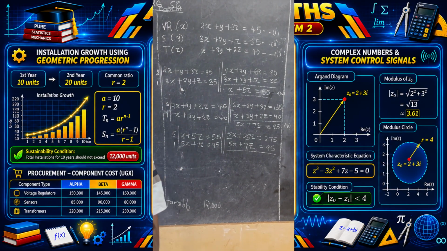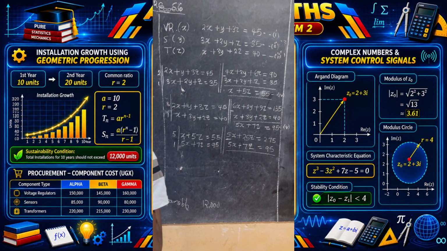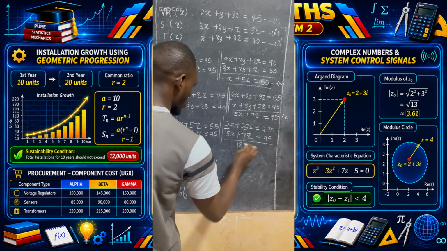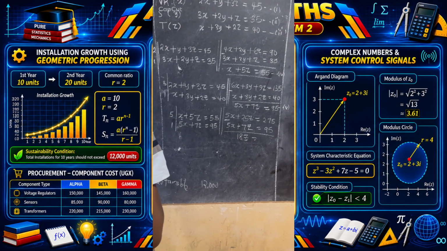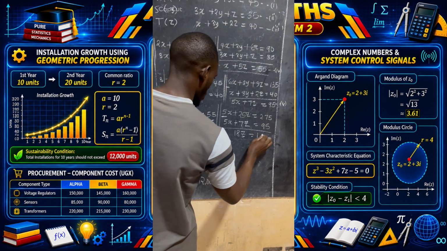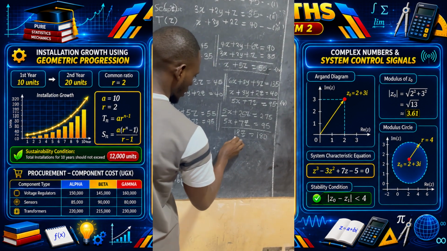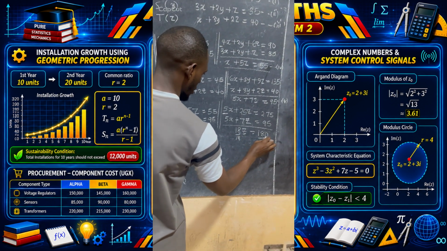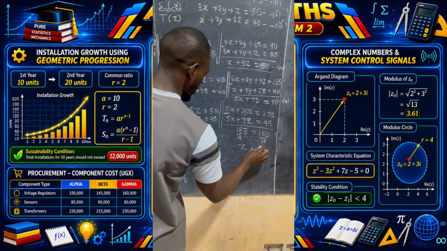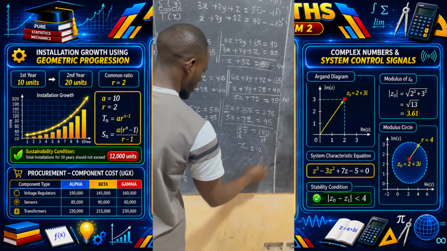I have a 25 minus 7, giving me 18z is equal to 275 minus 95, which is 180. Then I divide by 18. So I've got z as 10.